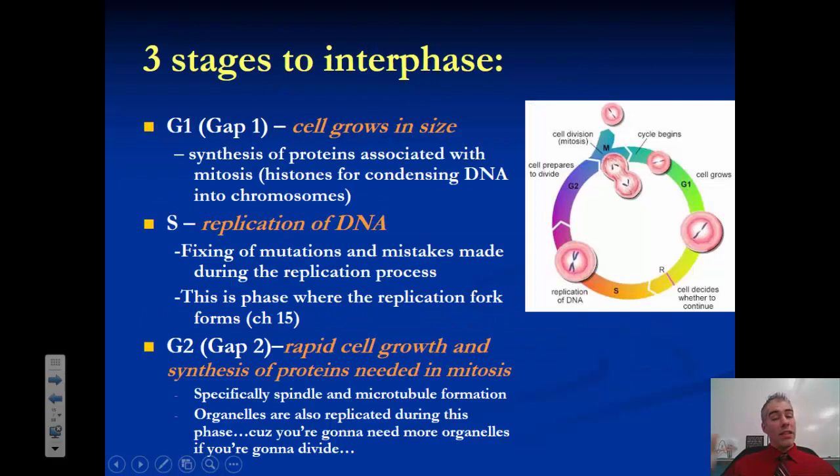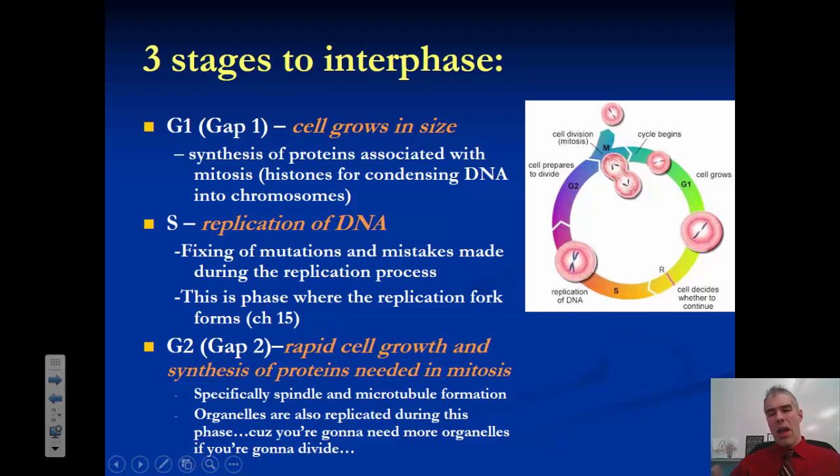So interphase is actually split into three different phases, G1, S, and G2. G stands for gap, so gap 1, and then G2 is gap 2. The way I like to think of G2 is also growth, because in both the G1 and G2 phases, you have cellular growth and size and the production of proteins and things like that.